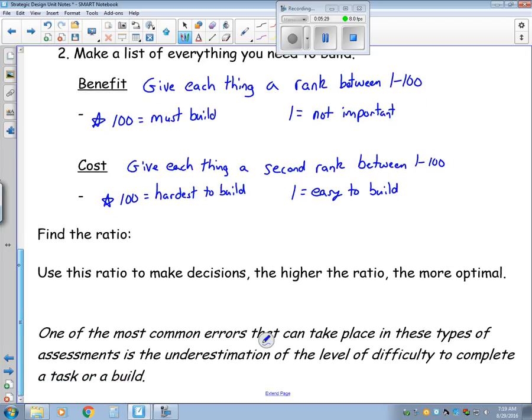Once again, we're going to find the ratio of benefit to cost. And we can use this ratio to make decisions on things we want to build. So if everyone in your group has an idea for, let's say, a drivetrain, you can make a cost-benefit ratio for every single person's drivetrain, and then the person who has the highest ratio, well, that gives us an idea for which drivetrain you need to build.